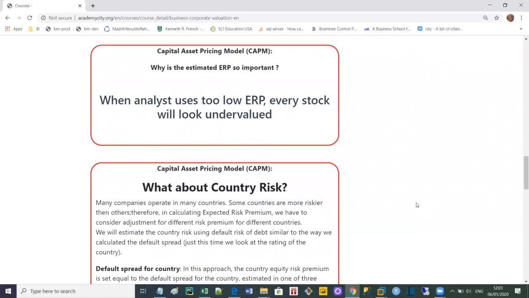So if I'm using the portfolio rate minus the risk-free as an estimation of the risk premium, that won't be true for countries like Zimbabwe or Uganda or Argentina or many other countries in which it's riskier to carry out a business.